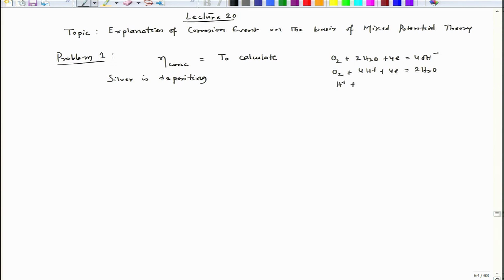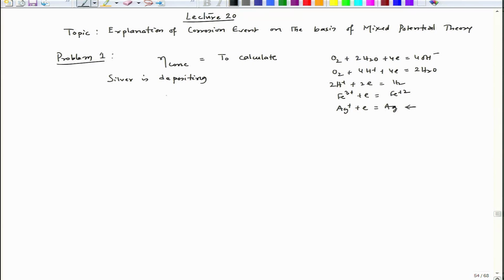There could also be other reduction or cathodic reactions, such as Ag+ + e = Ag. Ag+ is a very strong oxidizer, so it always has a tendency to get reduced, and this reduction reaction can happen. Here silver is depositing, so we are considering this reaction.